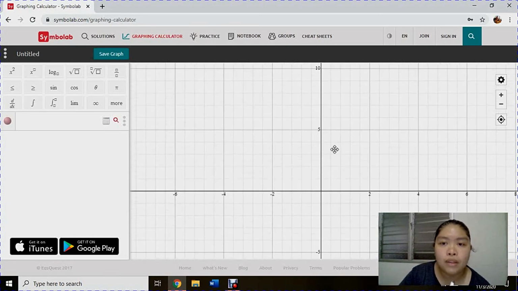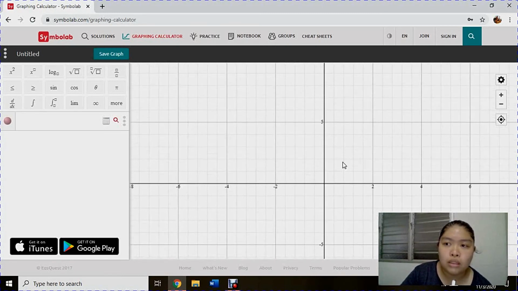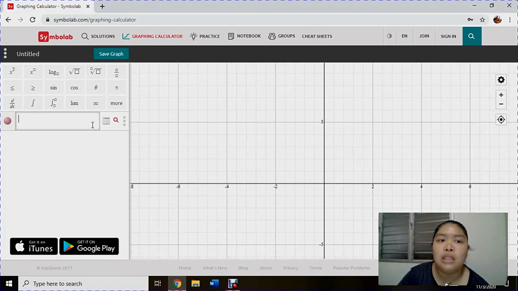Alright, for example, what I want to show you is how we can see the graph of the equations we insert. For example, if we have two equations given and it wants the intersection points of these two equations, right now we just have to plug in the equations.